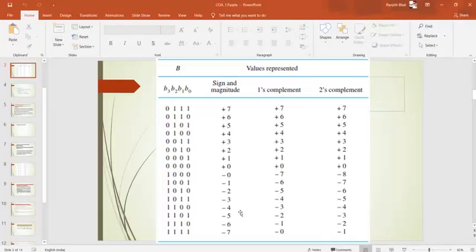Once the table is clear with 1 or 2 values, the rest of the values are as simple as that. So minus 5 is here, 1 1 0 1. You can just go back to the figure which I've drawn and see. So 1 1 0 1 is minus 5, and this is in fact minus 2 in 1's complement, and this is minus 3 in 2's complement. So I hope this part of the concept is clear.